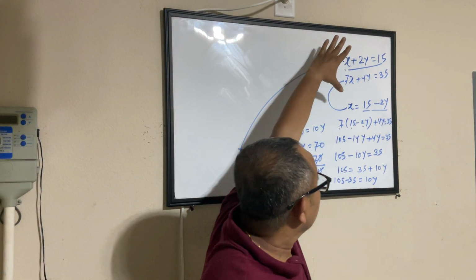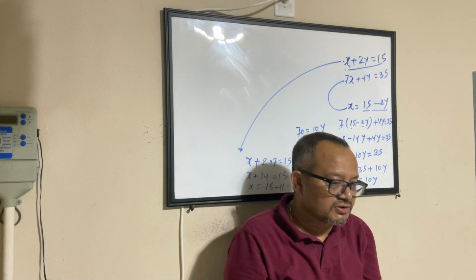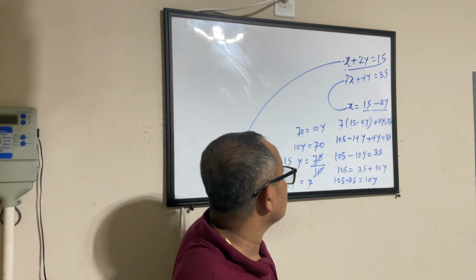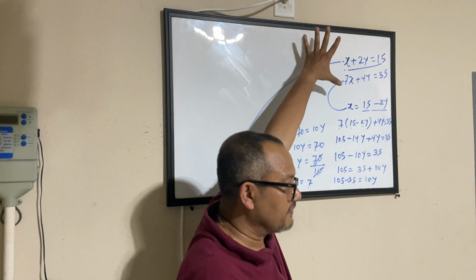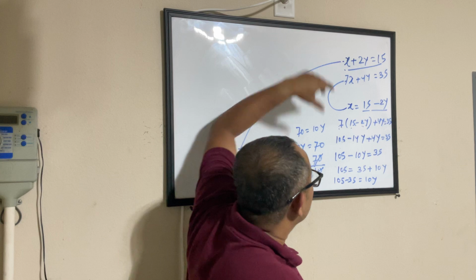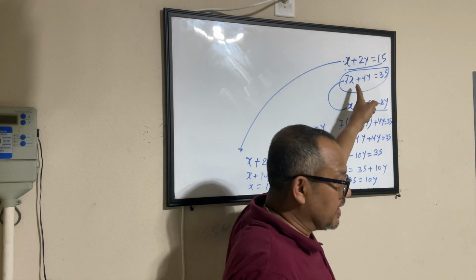So, the takeaway is when you have a pair of linear equations to solve, you always find ways to isolate one of the variables, if you can do that. I would not try to find the value of x from this equation. That will be complicated, right?